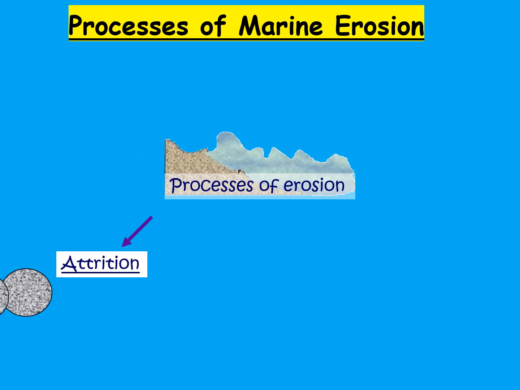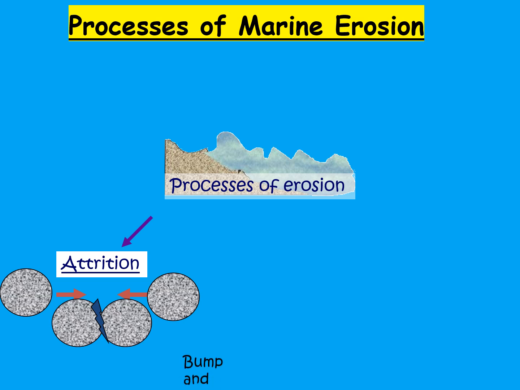The first one I'll deal with is attrition. Here, in the swash and the backwash of the waves, longshore drift, wave action, rocks move backwards and forwards, they collide with each other and other surfaces, bits break off, they chip away, they become smaller, more rounded.